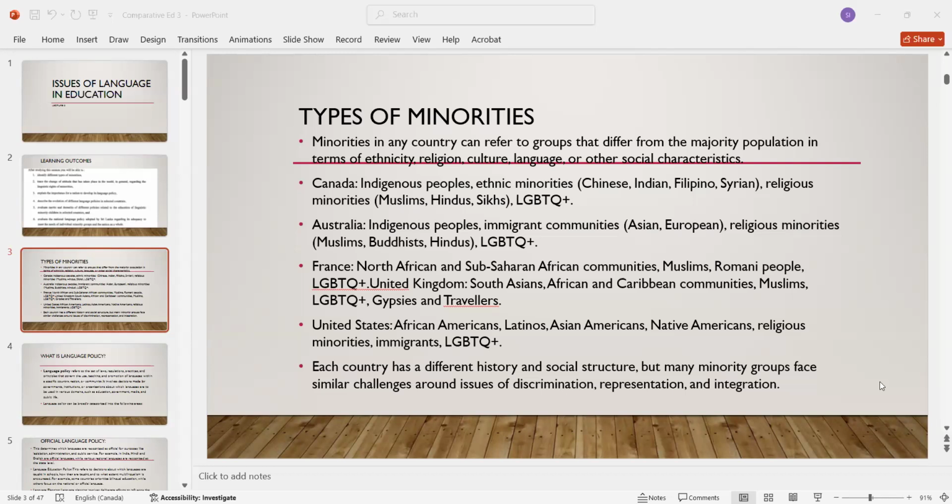In the United Kingdom, South Asian, African, and Caribbean communities, Muslims, gypsies and travelers. In the United States, African Americans, Latinos, Asian Americans, Native Americans, religious minorities, immigrants.